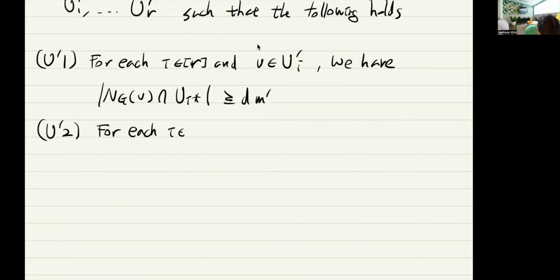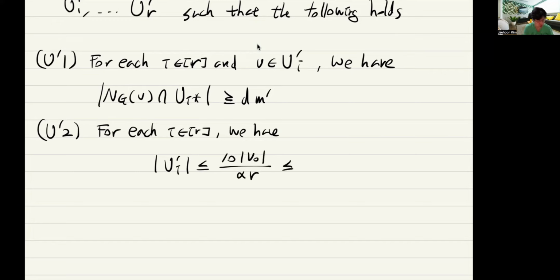And for each i, we ensure that this U'_i has size at most 10 times epsilon, B0 divided by alpha R, which is like at most epsilon to the 1/2 m prime.